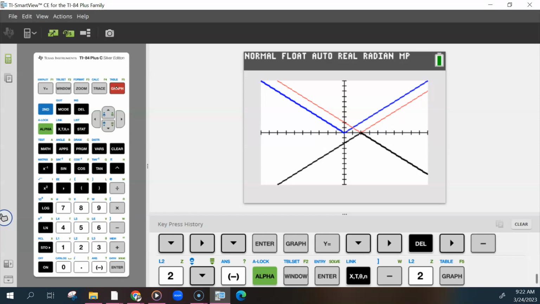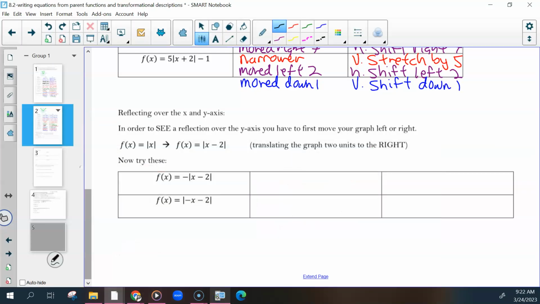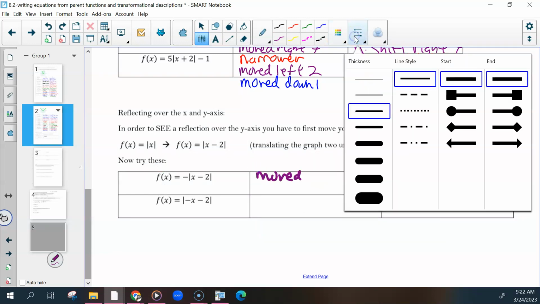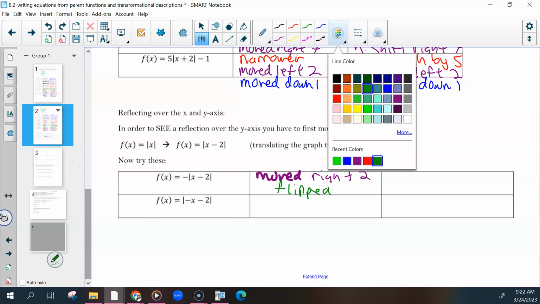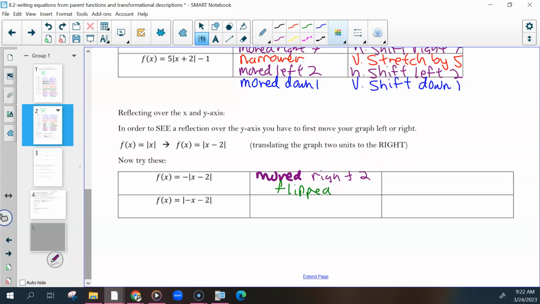So I'm going to show what happens when we have the next one after we write our rules and changes. So we know it moved to the right. And it will split. And we know those transformations would be a horizontal shift right 2.